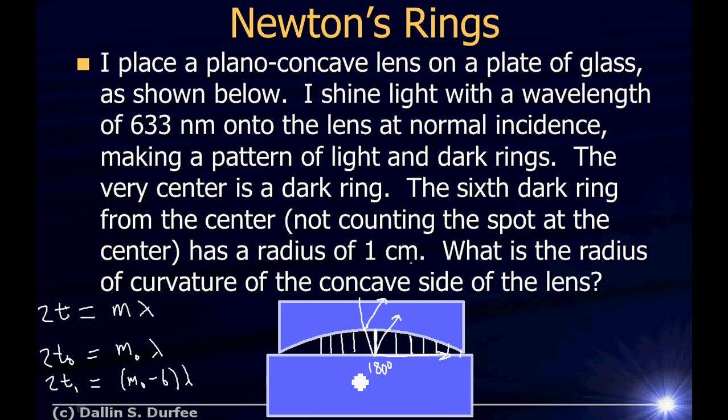And the thickness out here times 2 is equal to m naught minus 6 times lambda, all right? So that's my basic equation. So let's write them down again. Here are my basic equations. 2 times the thickness at the center is going to be equal to some integer times the wavelength. 2 times the thickness out 1 centimeter away off to the side, that's going to equal m naught minus 6 times the wavelength, all right?